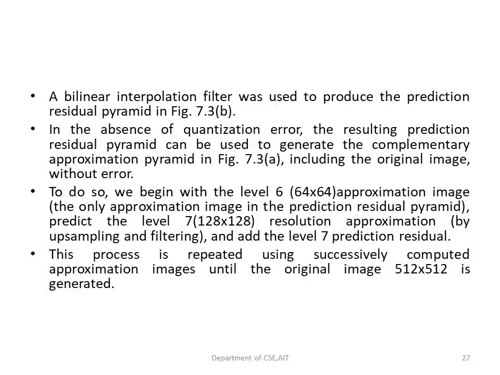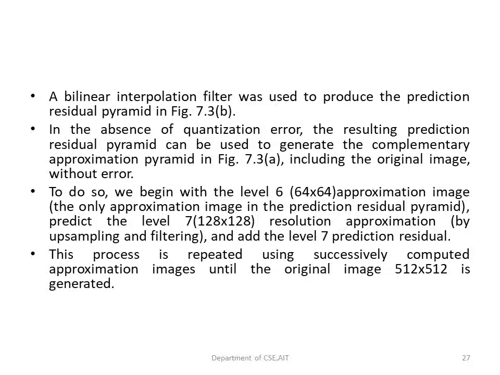In the absence of errors, if we have less quantization error, then the resulting prediction residual pyramid can be used to generate the complementary approximation pyramid in figure 7.3a, which includes the original image without any error.